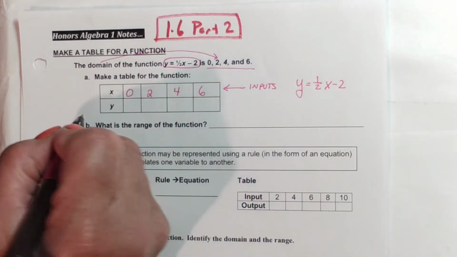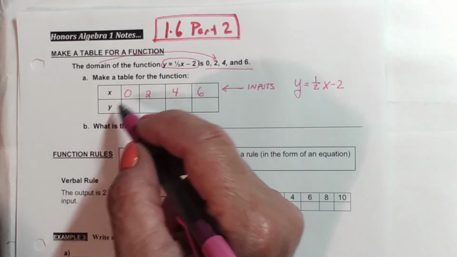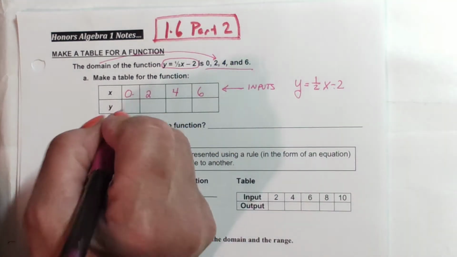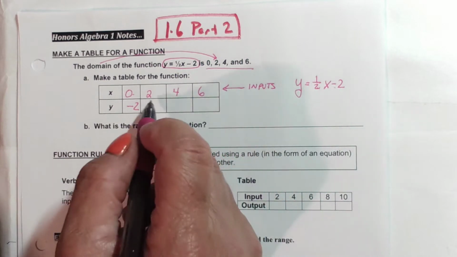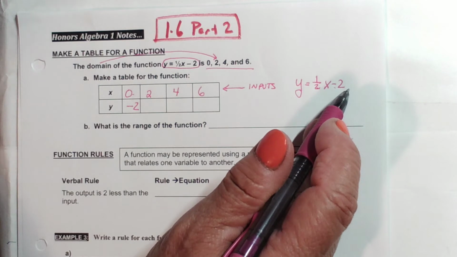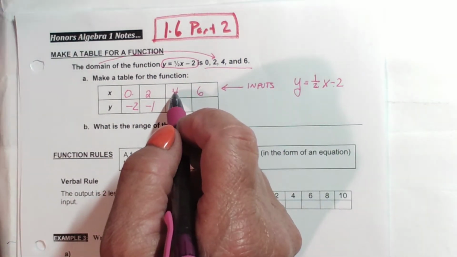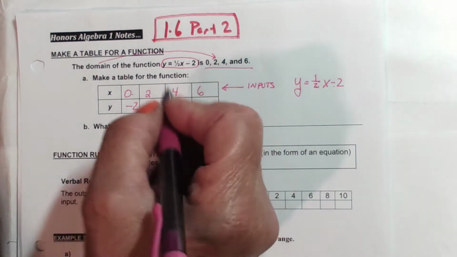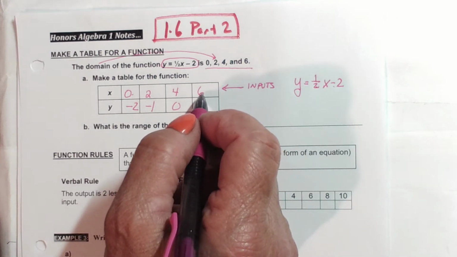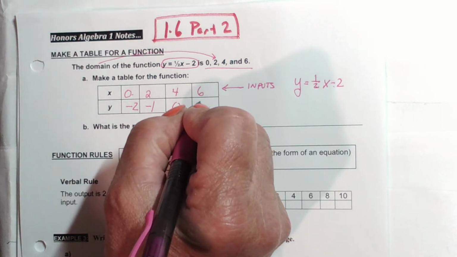So we input those, and then we're going to get our y values. 1/2 of 0 is 0, minus 2 gives us -2. 1/2 of 2 is 1, minus 2 is -1. 1/2 of 4 is 2, minus 2 is 0. 1/2 of 6 is 3, minus 2, and that's going to give me 1.